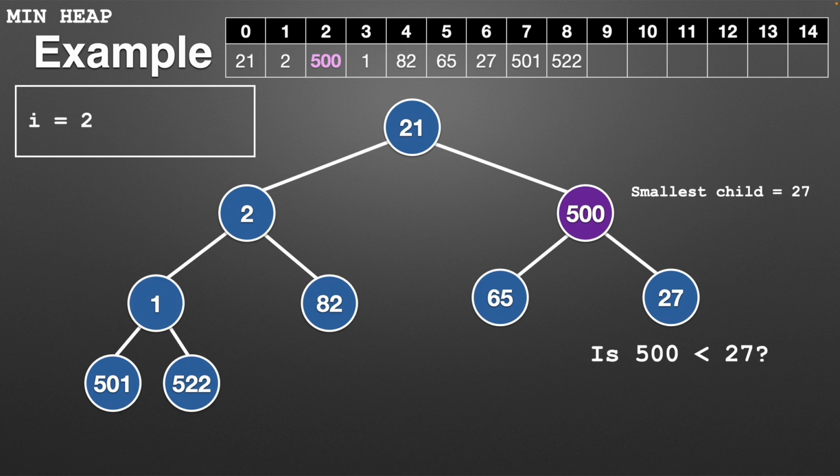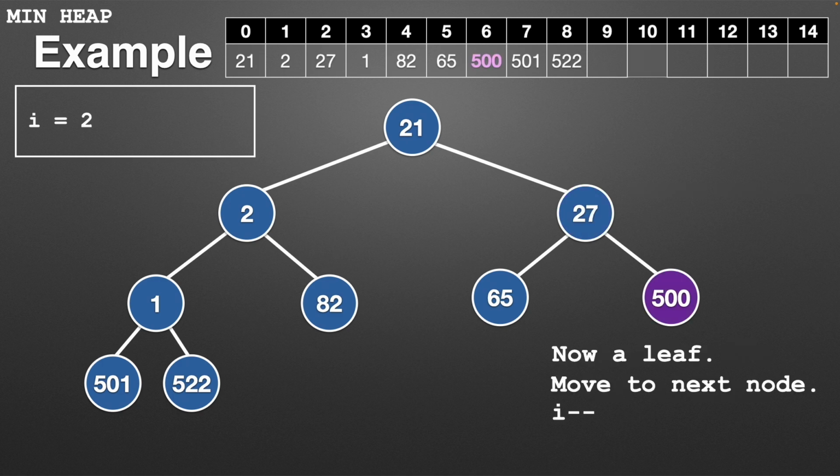No, it's not, so all we do is swap those. Now we have 500 down here. We need to continue checking, but it's a leaf, so it's done. There's nothing else to do there. So we move to the next node, and that means we're going to decrement i again.